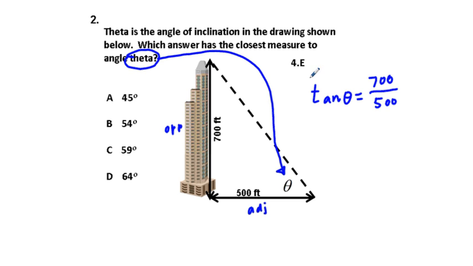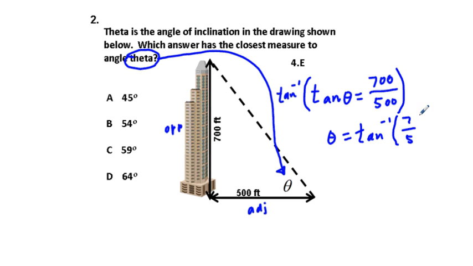Or you can take the inverse tangent, because undoing this tangent would be the inverse tangent, and so taking the left side, the inverse tangent of tangent is theta, and on the right side you have inverse tangent of 700 over 500, which is just like 7/5.